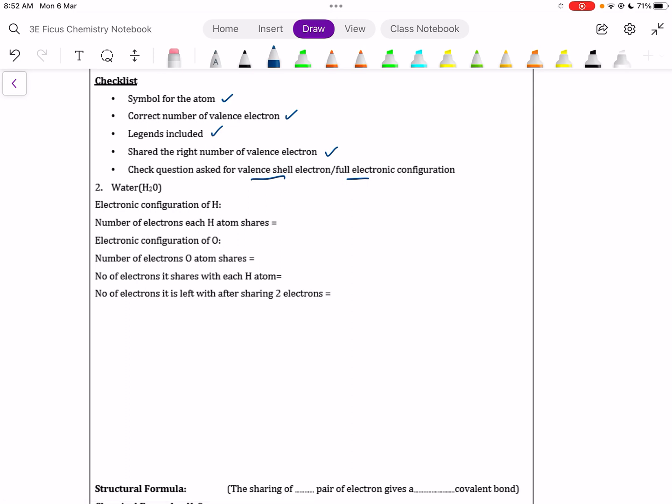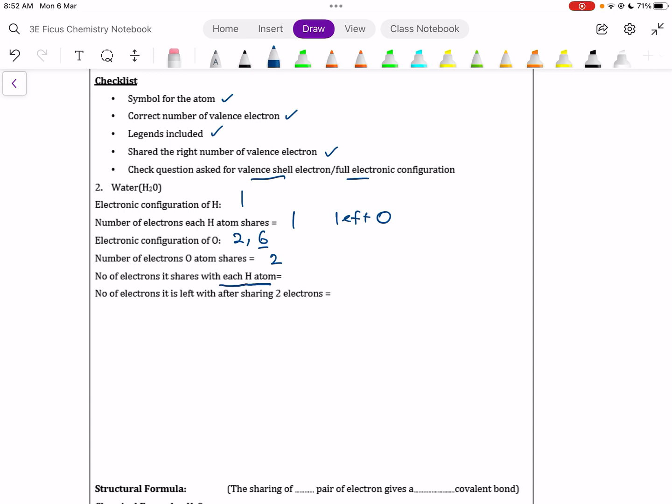Let's look at water as an example. Hydrogen's electronic configuration is 1, so the number of electrons it shares is 1, left 0. Oxygen is 2,6, so this one you will share 2, and 6 minus 2 you get 4 left.